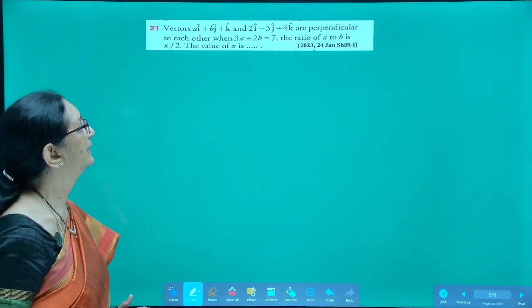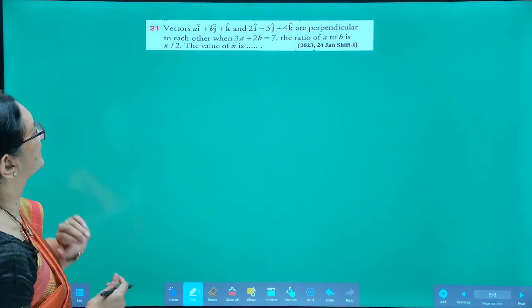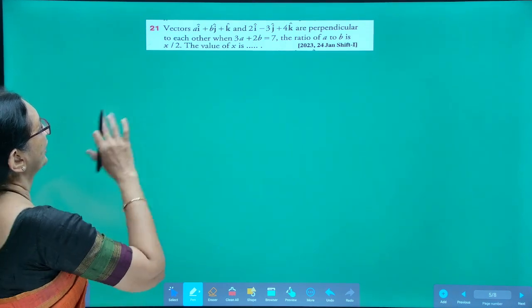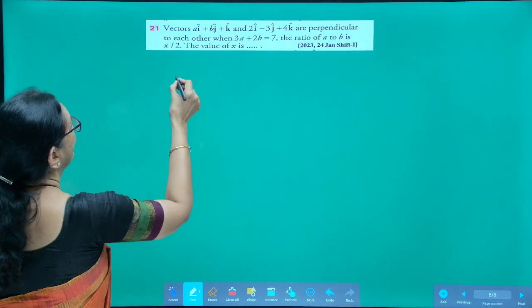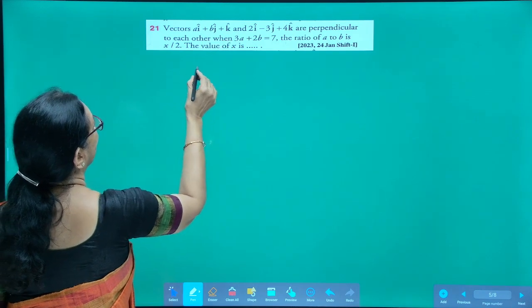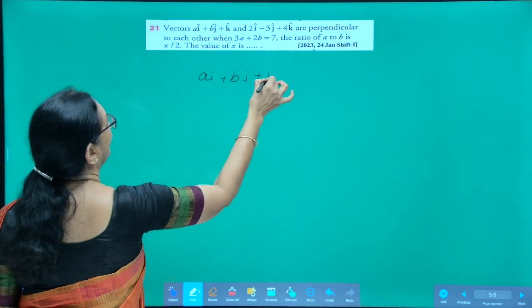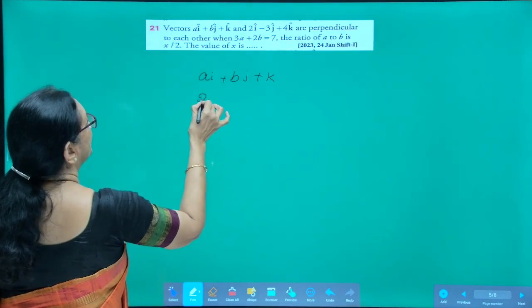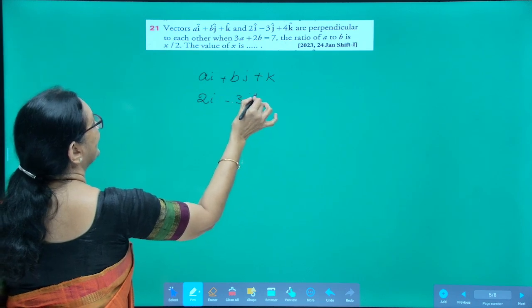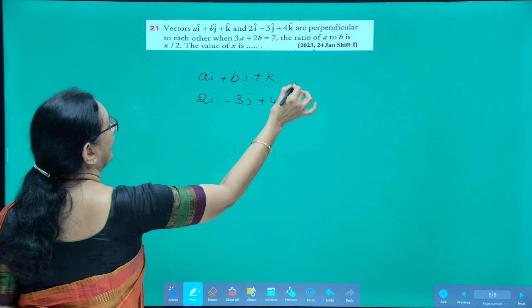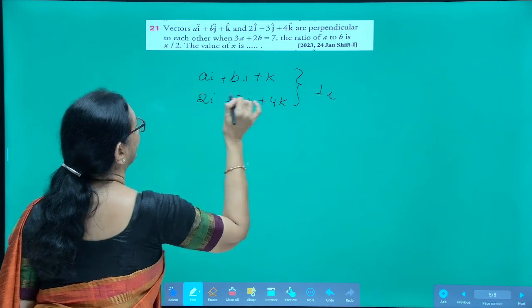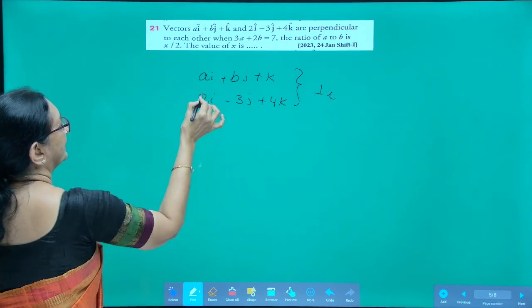Look here. ai plus bj plus k and 2i minus 3j plus 4k are perpendicular to each other. When these two are perpendicular, it implies their dot product is 0.